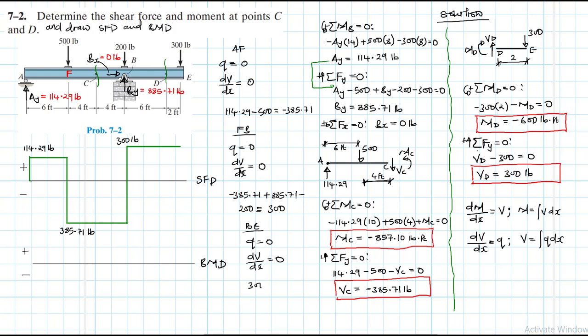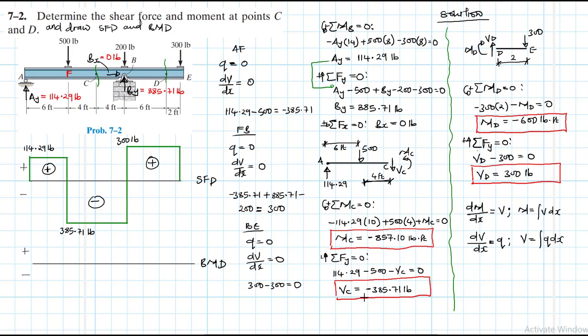So we'll have positive 300 minus 300, which is equal to 0. So this is going to close up like so. Great. So we have drawn the shear force diagram, and we expect it to look like that. This one is positive, this one is negative, and this one is positive.